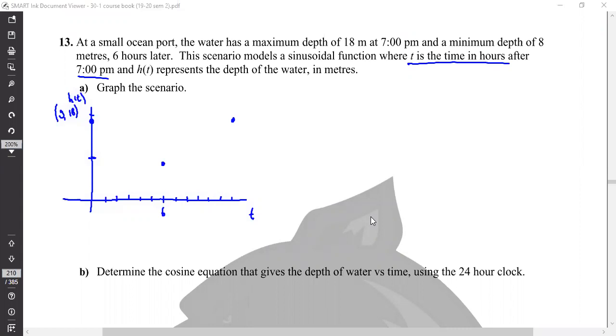Always have our median line. What will we have for D? D should equal max plus min over 2. 18 plus 8, our average height. 18 plus 8 is 26, over 2 is 13. So D equals 13.